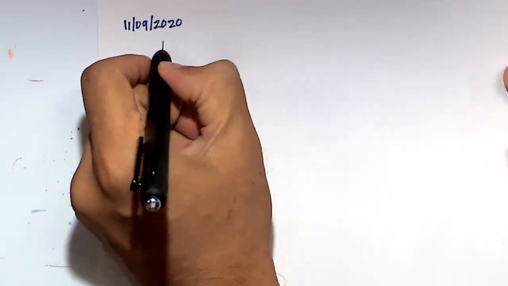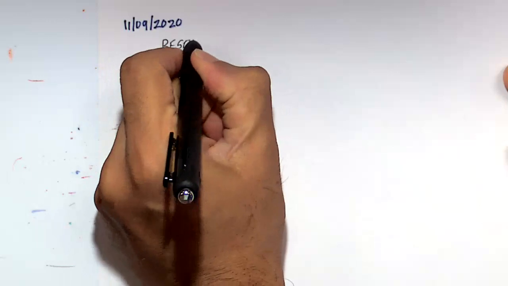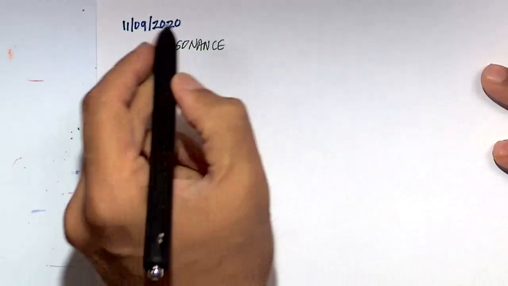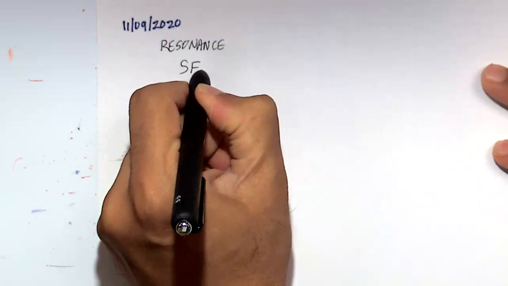Before I actually talk about resonance, let's practice one more type of Lewis structure. How about we do this one here, SF6.